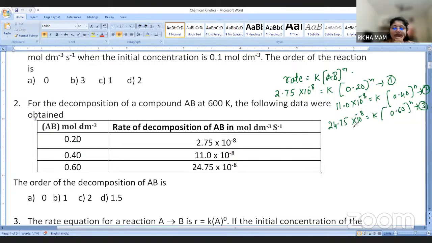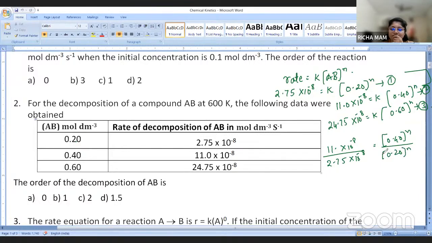Now what we will do is divide 2 by 1. We will divide these first two. So 2 by 1 is 11 into 10 raised to minus 8 divided by 2.75 into 10 raised to minus 8, equal to 0.40 raised to n over 0.20 raised to n.